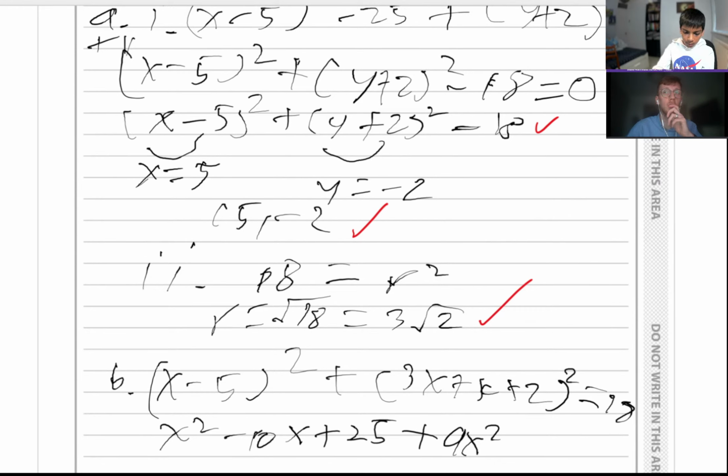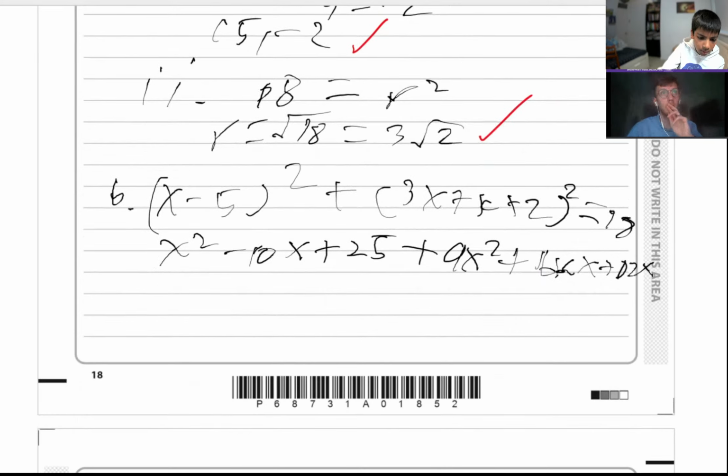So 9x squared plus 2 times 3x times k plus 2, that's 6kx plus 12x, and that equals 18. What about the k plus 2 times k plus 2?